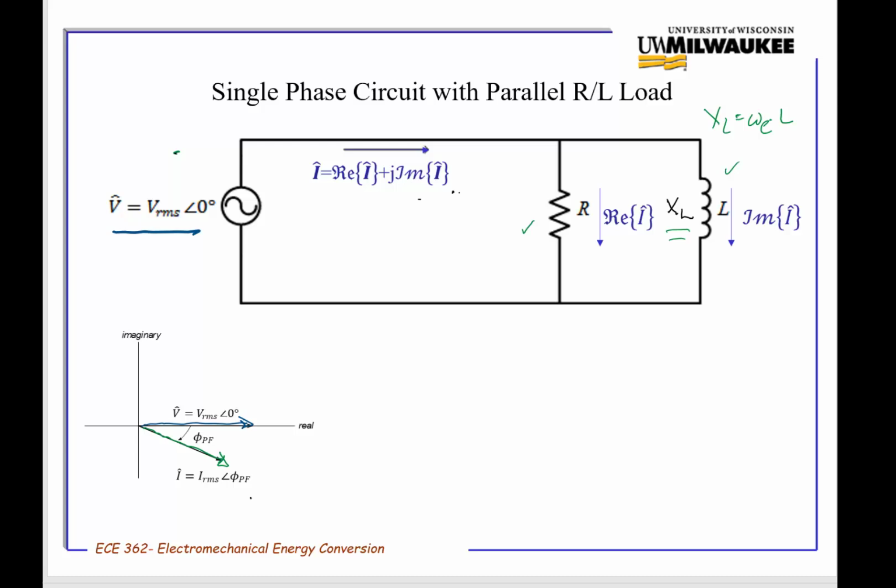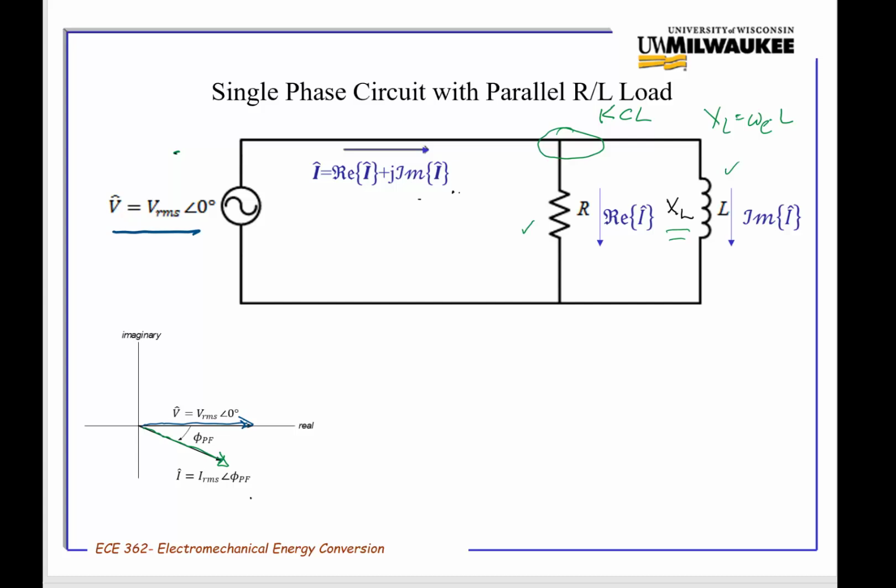This current feeds into two branches, so we could find the current by solving KCL at this node.